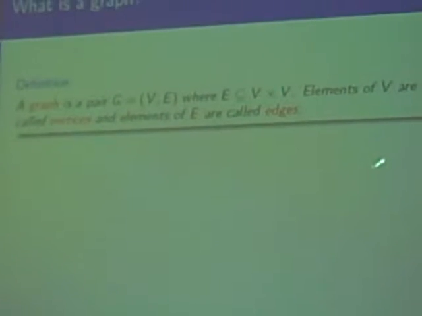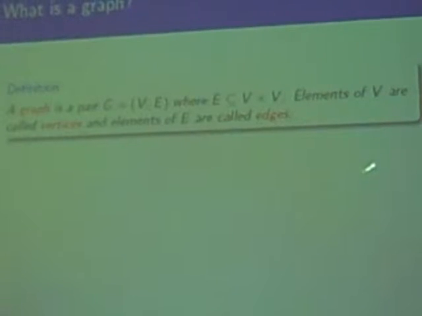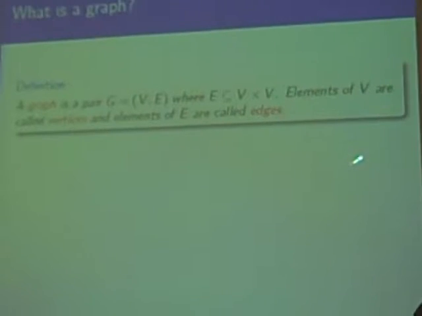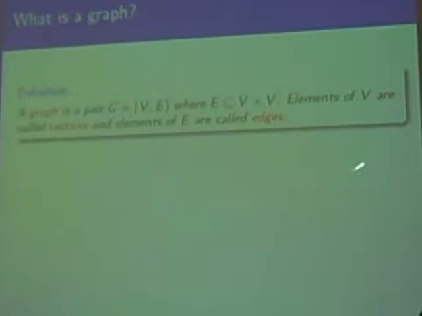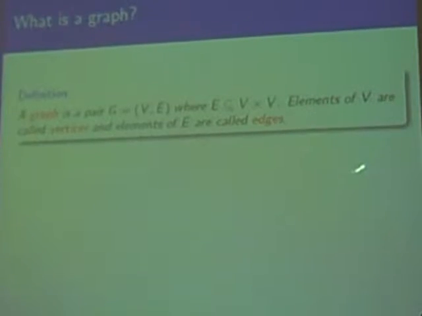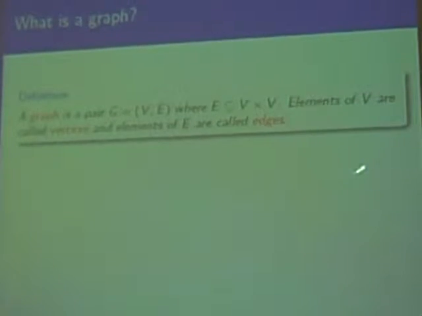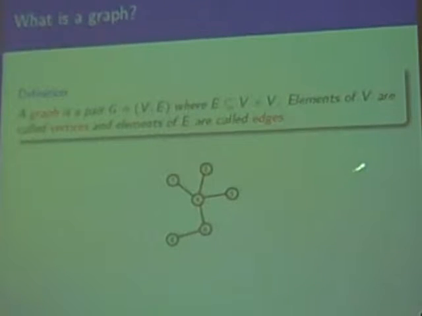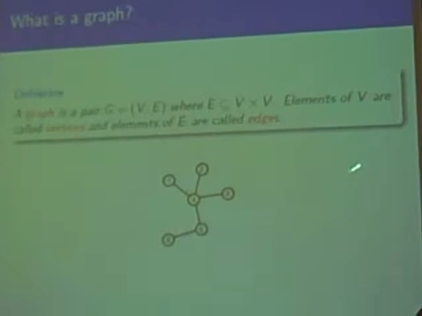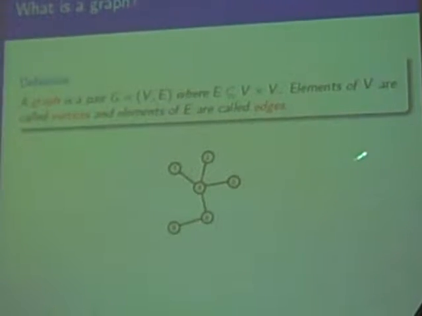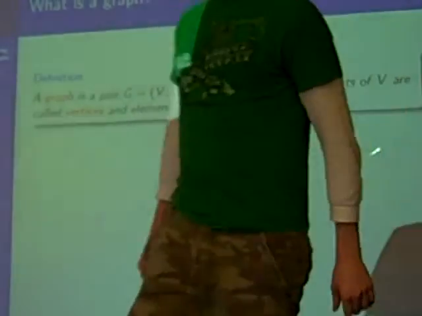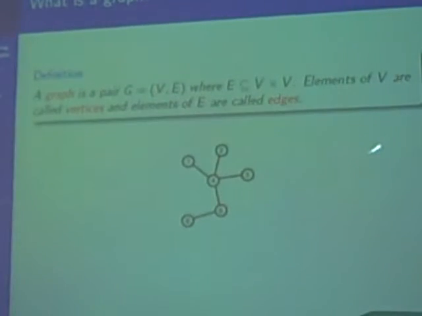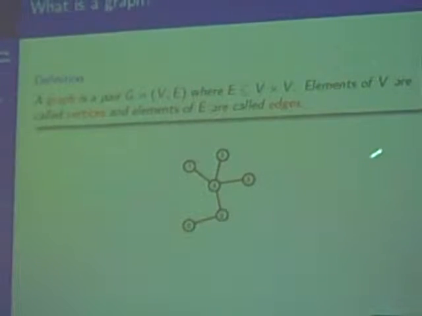A graph is a pair of vertices and edges, where the edges are just a subset of the product. So edges are ordered pairs of elements from the vertex set. As an example, the vertices of this graph are the numbered circles, and all the lines connecting them are the edges.